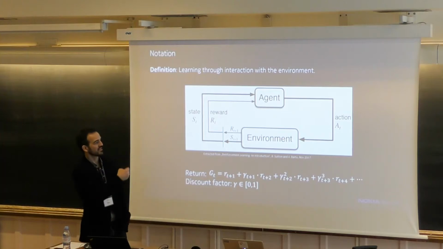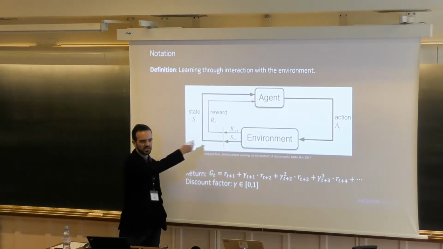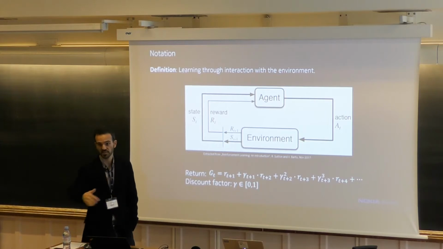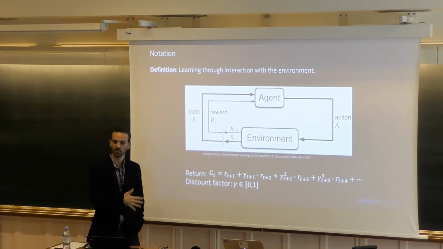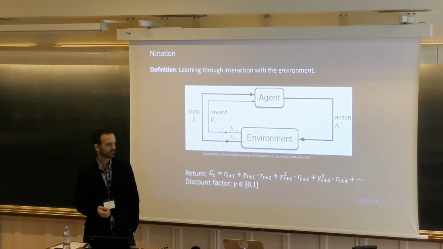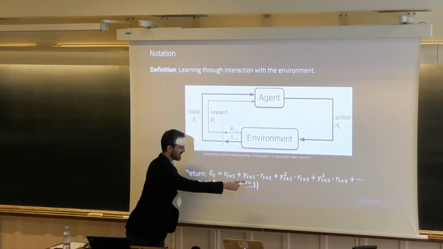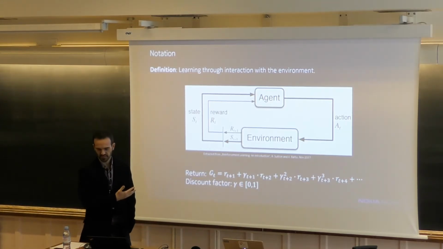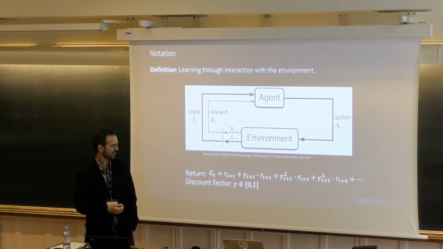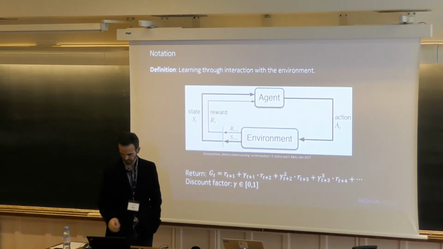So if you have an agent that, I don't know, gets a euro when it takes the right action, the value of the euro decays over time. So a euro today is worth more than a euro tomorrow, and certainly more than a euro 1 year from today. So that's why we have this discount factor. Now, this discounting is not applicable to every problem, but it's certainly applicable in some of them. So it's an interesting generalization of this formulation.